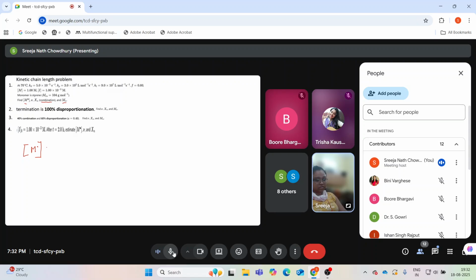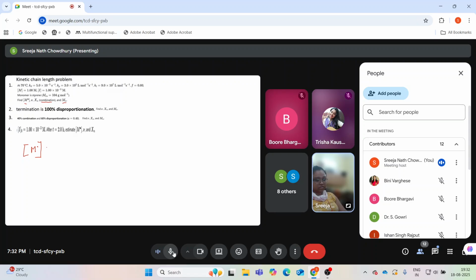Kt is 2 into 9 into 10 to the power 7. This will become 1.83 into 10 to the power minus 8. So your M dot value is here.